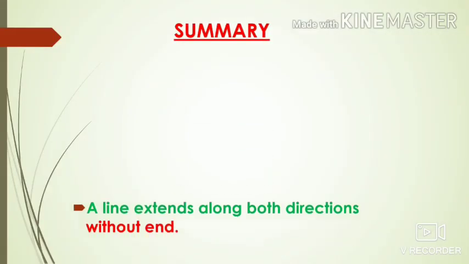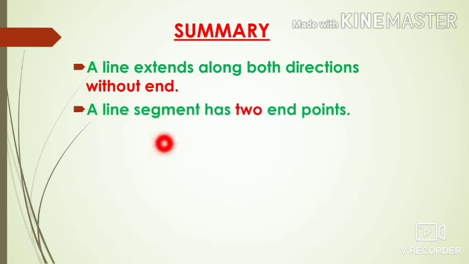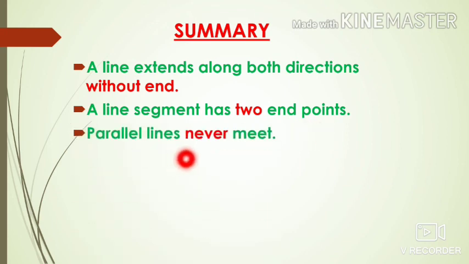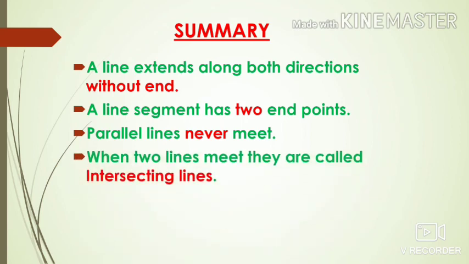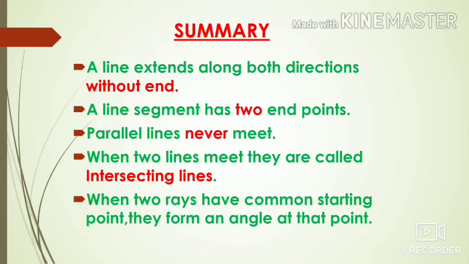Summary. A line extends along both directions without end. A line segment has two endpoints. Parallel lines never meet. When two lines meet, they are called intersecting lines. When two rays have a common starting point, they form an angle at that point.